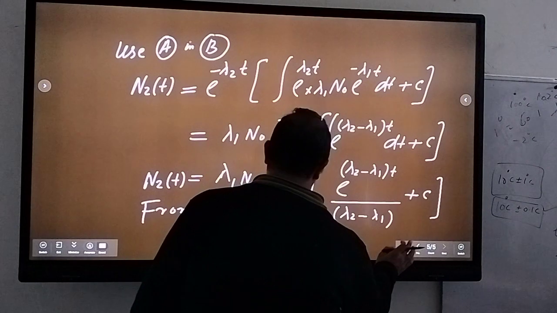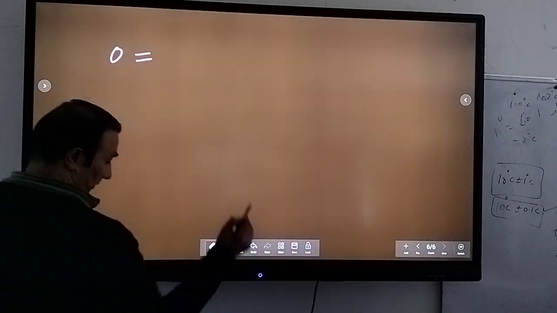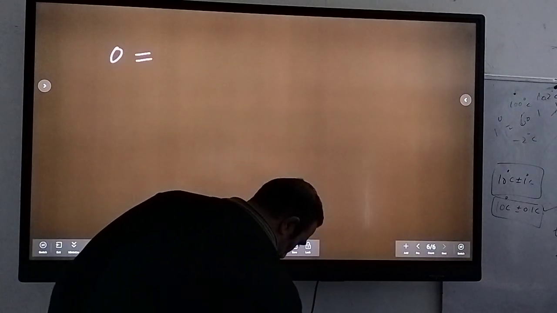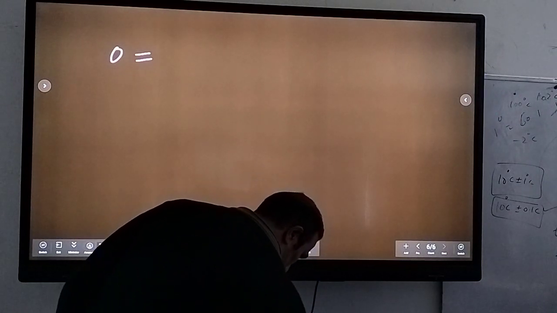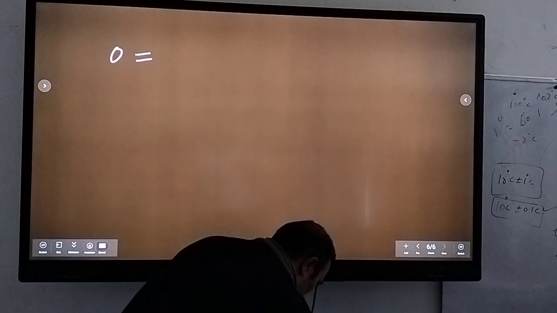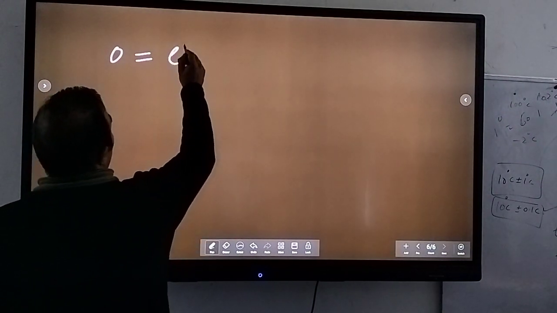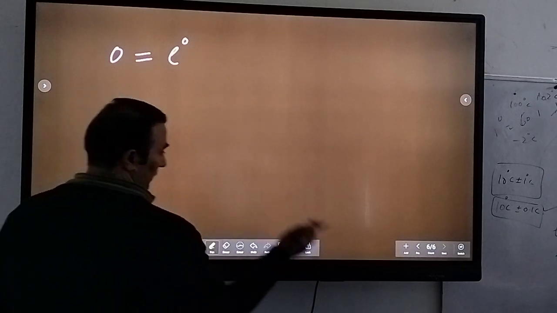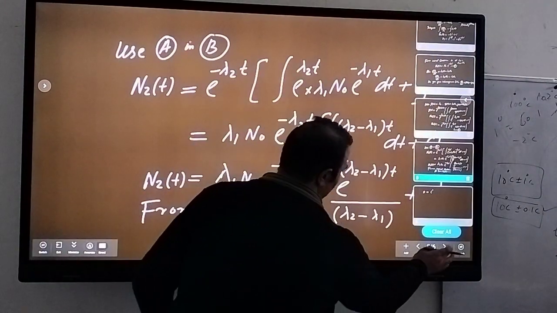So I can rewrite this term as, so that means 0 equal to that's equal to e raised power 0. So what was lambda 1?